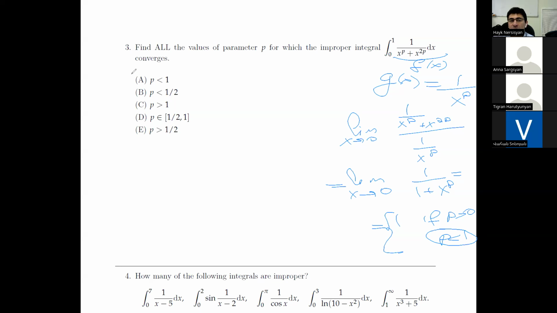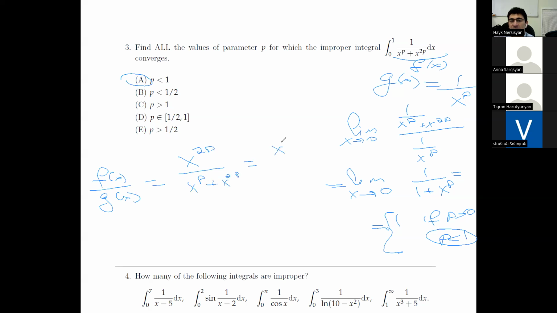So I would circle this as the correct answer. Now imagine you have chosen g not 1 over x^p, but 1 over x to the power of 2p. In this case, f of x over g of x would be x^2p divided by x^p plus x^2p.